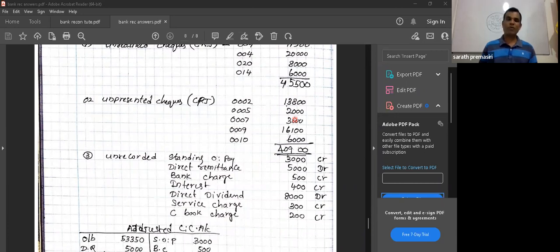40,900 is the total of unpresented checks. If you are having problems, please write them out correctly.